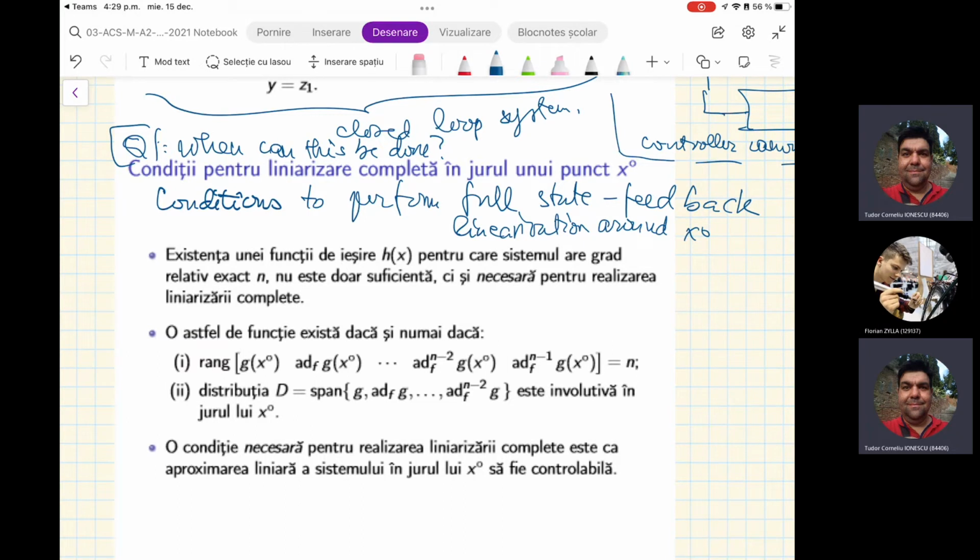The existence of an output function h(x), for which the system has relative degree n, is not only sufficient.